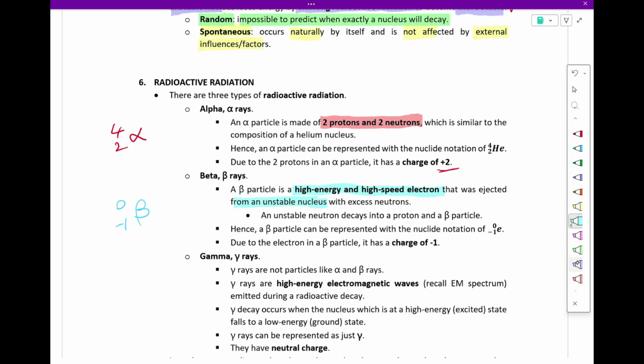So what makes this electron come from nowhere? Basically, one of your neutrons will become a proton and a beta particle, which is a fast-moving electron. Because of the negative charge itself, you will have a -1.